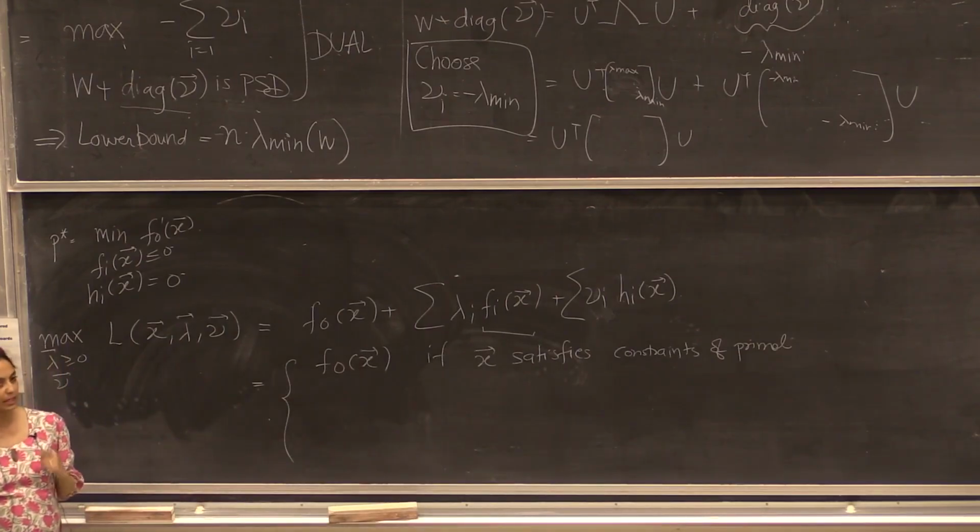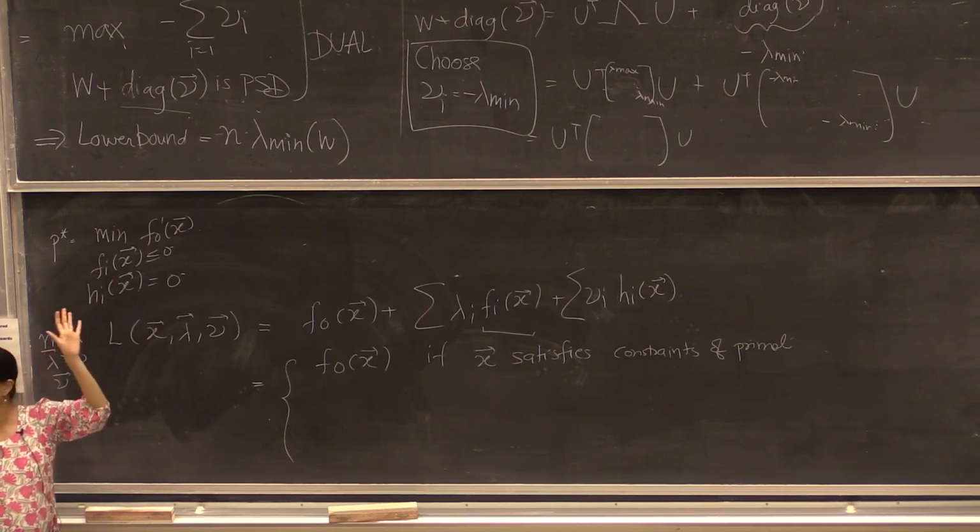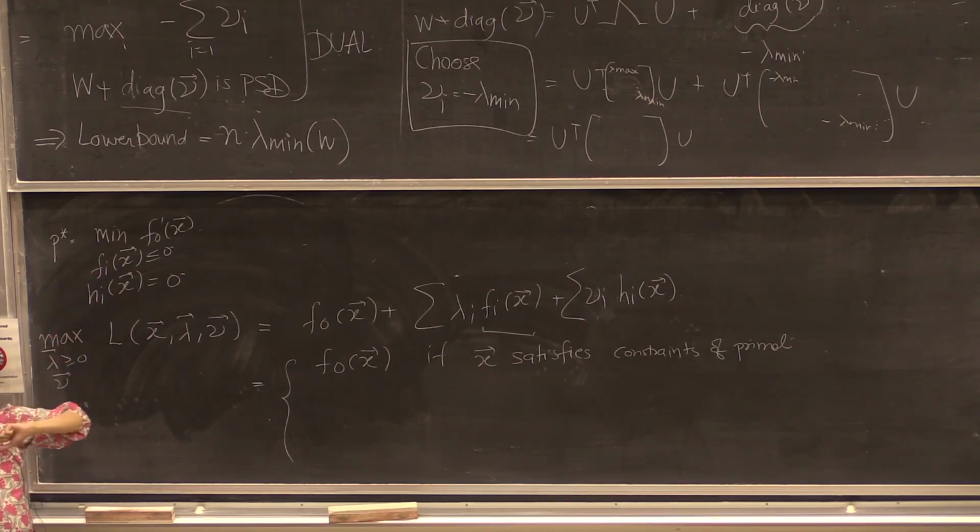What about if x did not satisfy the constraints? Let's say x satisfied all the equality constraints, but it violated one of the inequality constraints. So f1 of x was strictly positive. Everyone follow me here, because you're going to get lost otherwise.